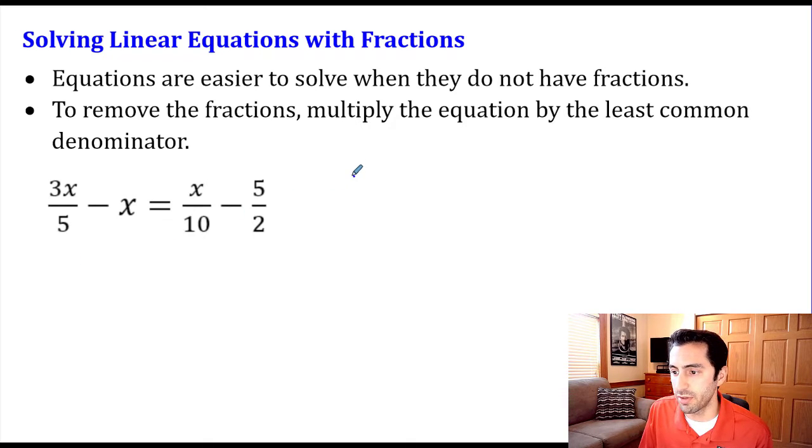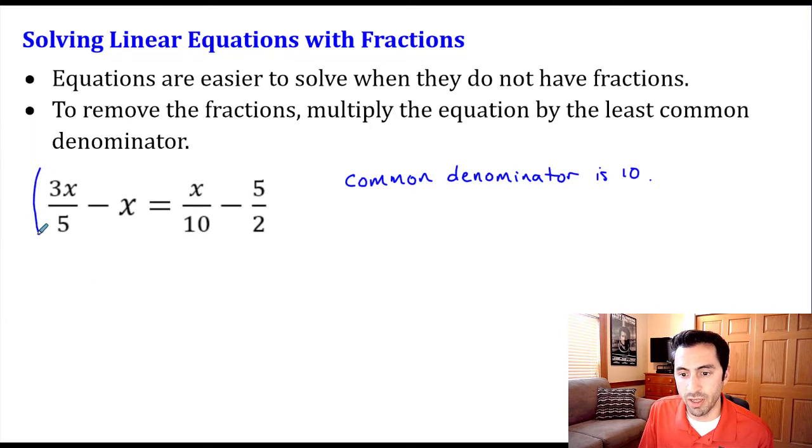So let me just make note of that. So common denominator is 10. So we're going to multiply both sides of the equation by 10. And I'm going to put both sides in parentheses because I want to multiply the entire side by 10. And the parentheses are going to help me know that I'm going to need to distribute.